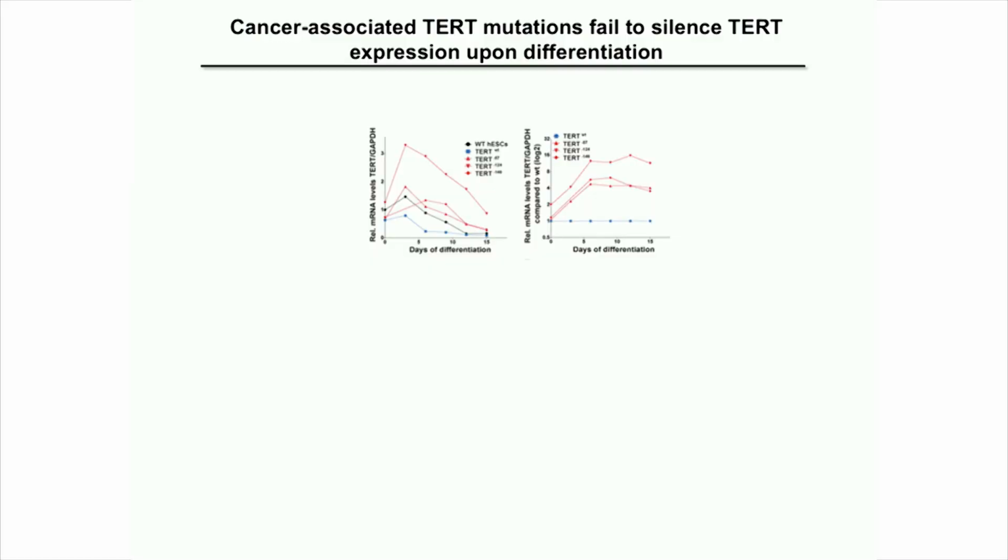And what we found there, I'm sorry that this is so low resolution, is that wild-type cells downregulated TERT transcription very efficiently in this differentiation protocol. This is the blue and the black line here. And in this case now, we find that all 3 TERT promoter mutation cell lines that only have these mutations fail to transcriptionally silence telomerase to the same extent as wild-type cells.